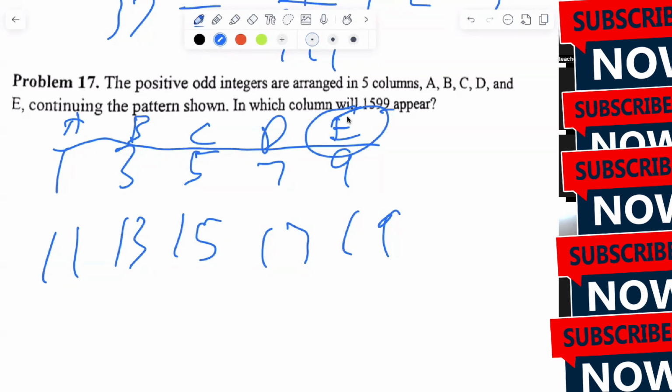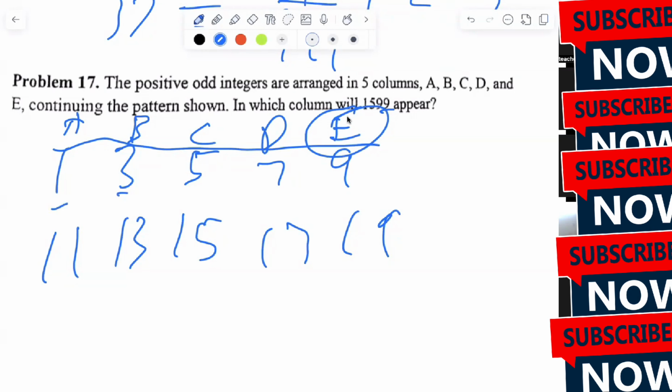Oh, I'm sorry. So basically, it repeats every 5 integers. I'm gonna check for a second. 1, 3, 5, 7, 9, 11, 13, 15, 17, 19.